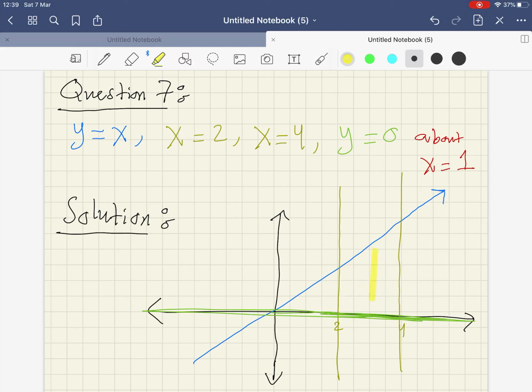That's my region. And my axis of revolution would be this one. The axis of revolution would be x equal to 1, which will be this line here.